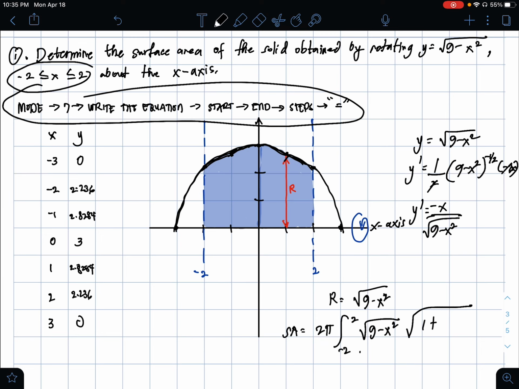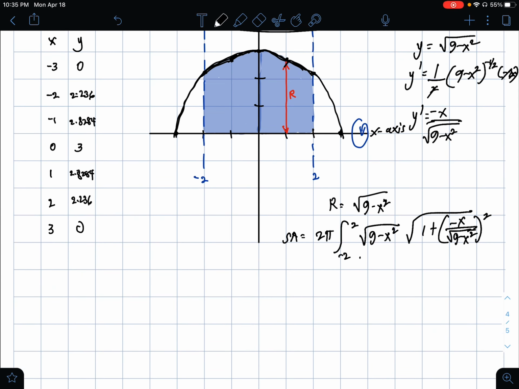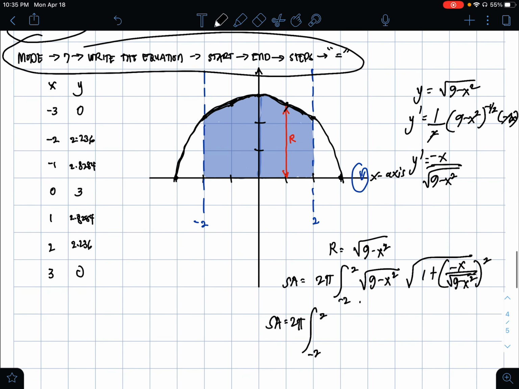If you square this, the surface area is equal to 2 pi from -2 to 2, since that's what we are looking for, right? So -2 to 2, square root of 9 minus x squared, times the square root of 1 plus x squared over 9 minus x squared, since when squared the square root disappears.